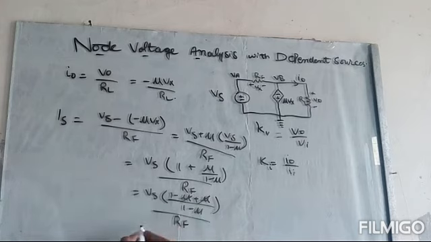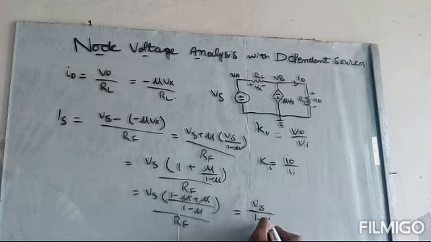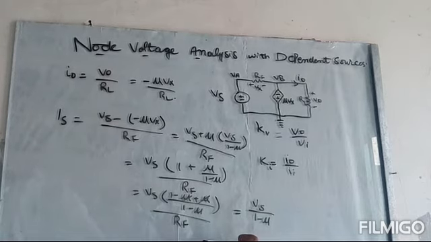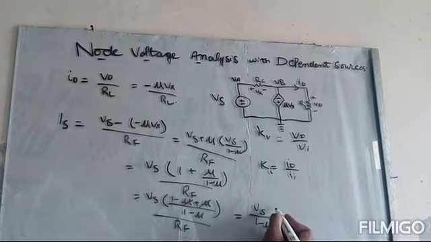This will be cancelled with this one, so remaining will be Vs divided by 1 minus mu, and this Rf will be multiplied with Vs. So it will become Vs over 1 minus mu Rf.